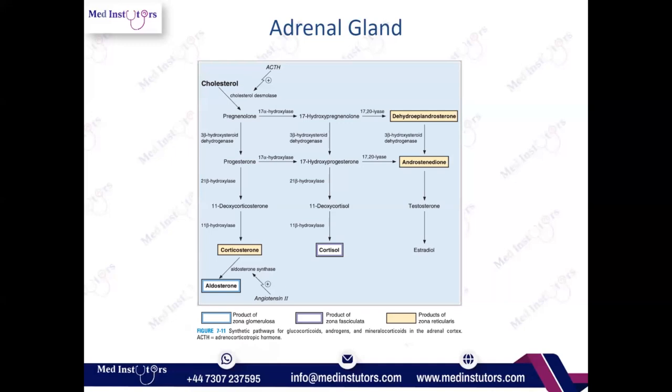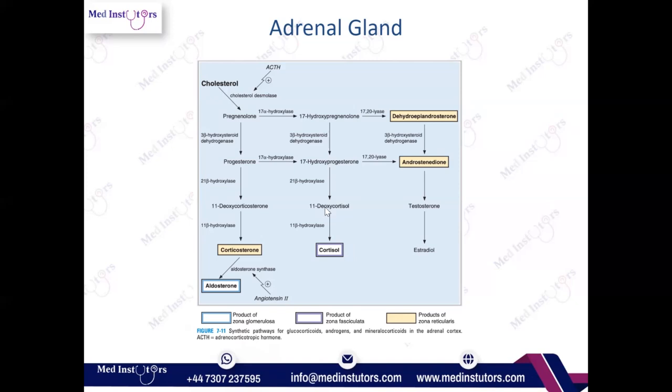Yes. Similarly, if we look at this sequence, this is the synthesis of cortisol hormone. And please tell me from which part of the adrenal gland cortisol comes from? Yes, fasciculata. We are actually studying biochemistry at the moment. Okay, so cortisol.